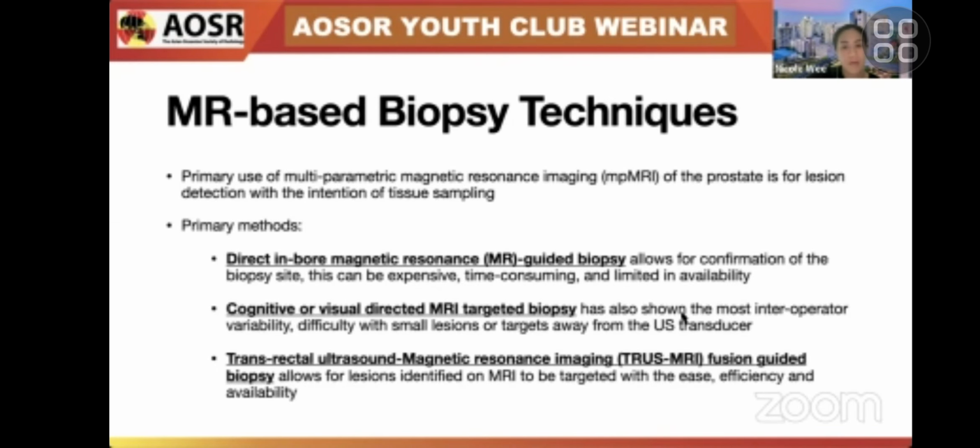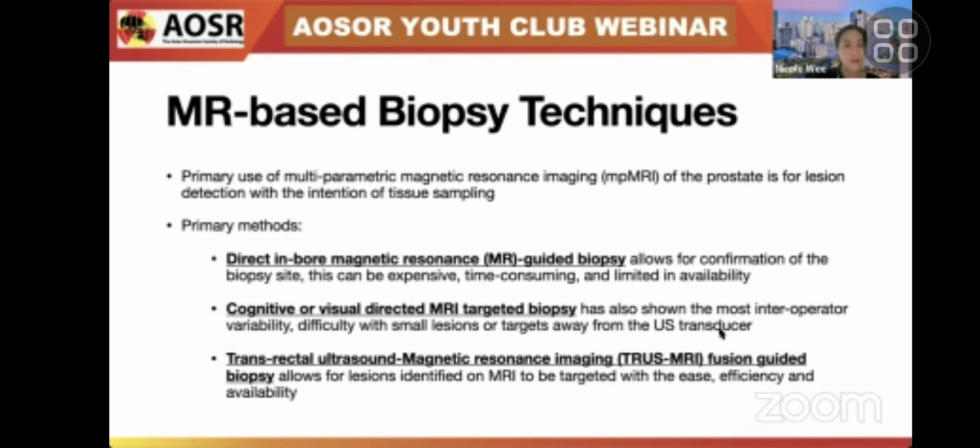And while performing the transrectal ultrasound, the operator cognitively determines the target lesion site using these landmarks and performs tissue sampling. So you can see that this method is not the best. There can be difficulty with small lesions or targets away from the ultrasound transducer, for example, anteriorly located tumors in very large glands. It's relatively inexpensive when compared to the fusion technique, however.